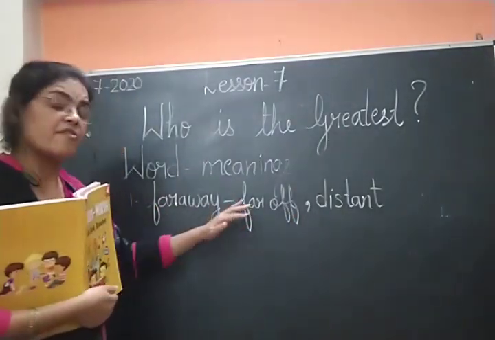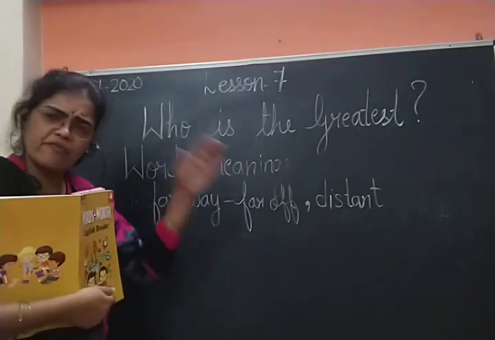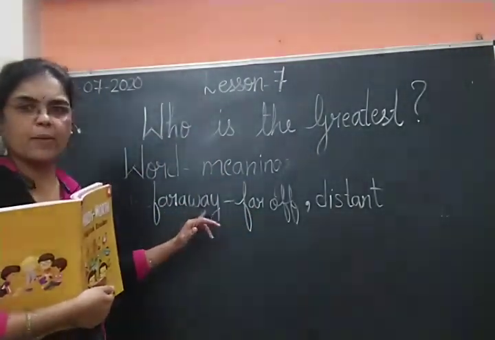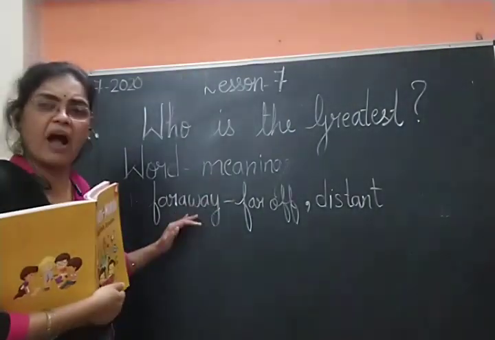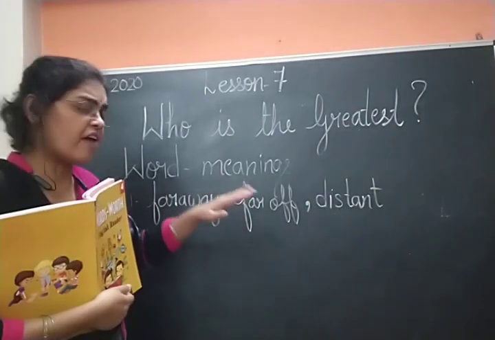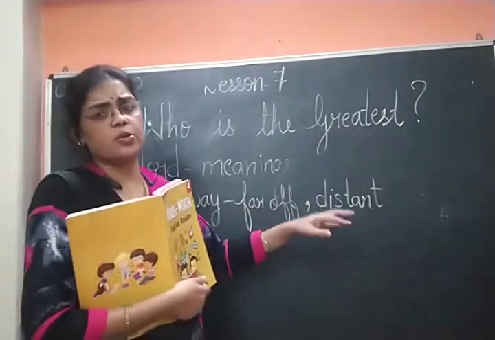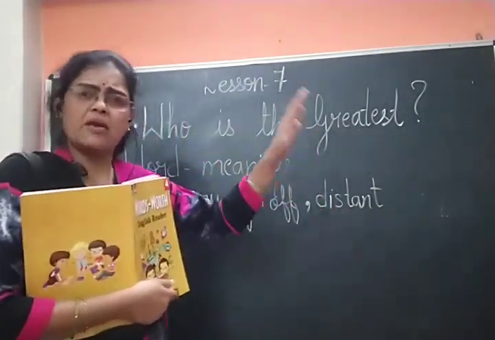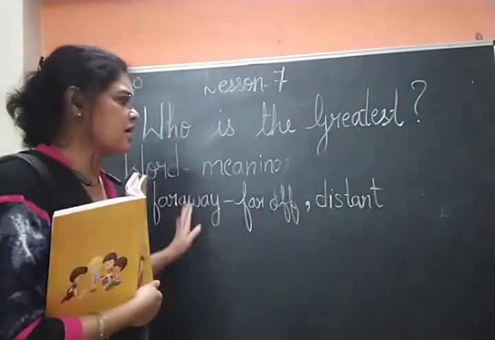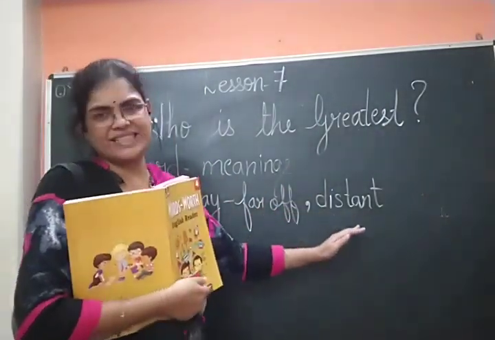Far away, F-A-R-A-W-A-Y, you pronounce it as far away. And far away means far off or distant, which is very far, बहुत दूर.